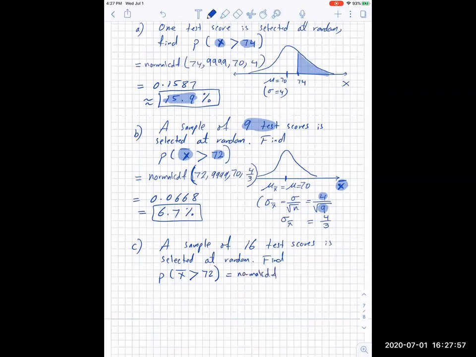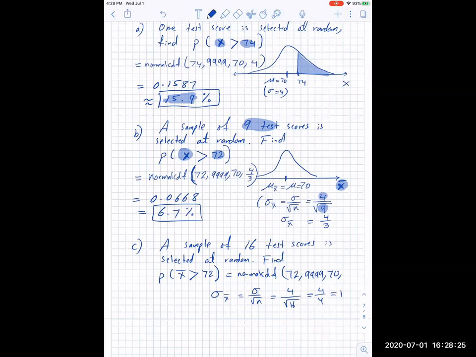In this case, again, I'm going to use normal CDF, again from 72 to infinity, and then the center is 70. But what about the standard deviation of the sample mean? In this case, it is the population standard deviation divided by the square root of n, 4 over the square root of 16, 4 over 4, which is 1.